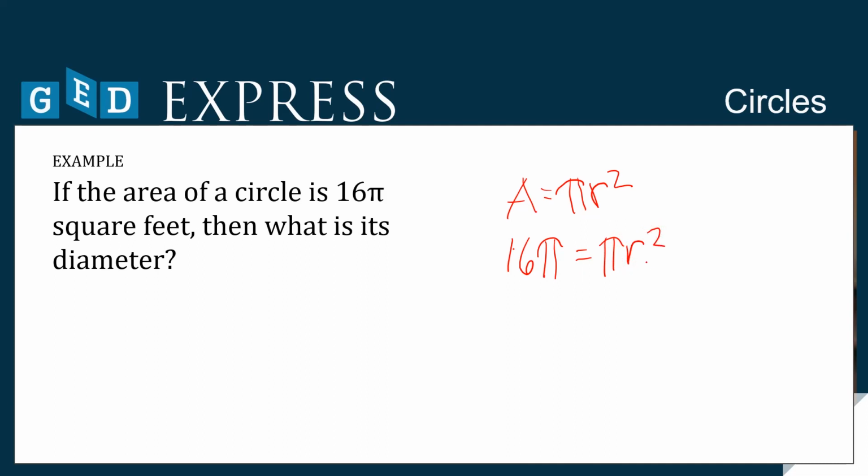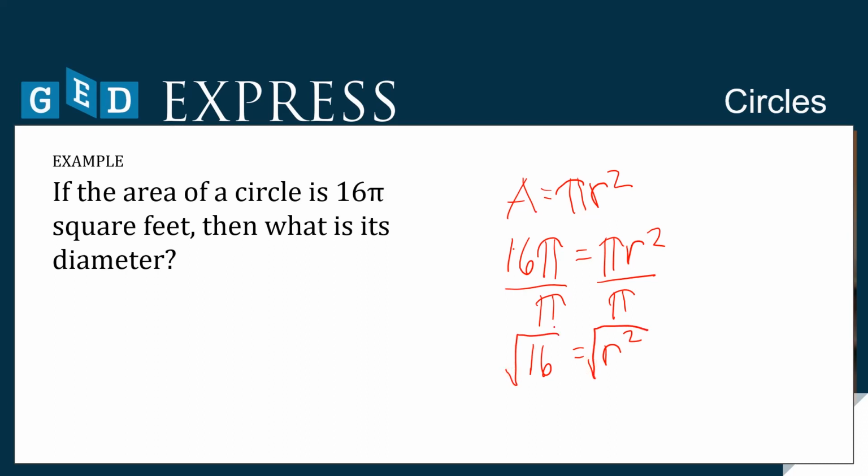Let's undo the pi by dividing both sides by pi. Then we have 16 is equal to r squared. And to undo a square is by using the square root.